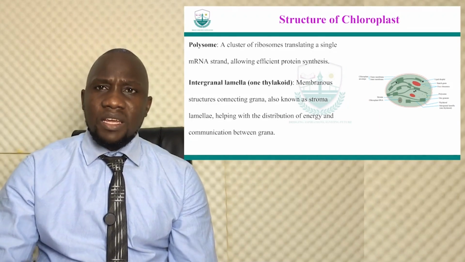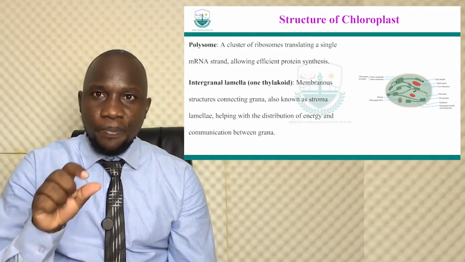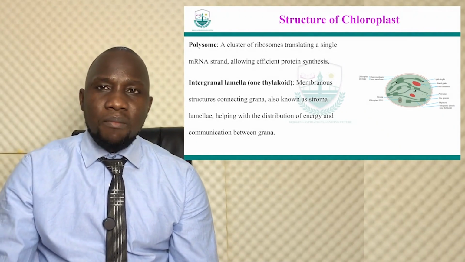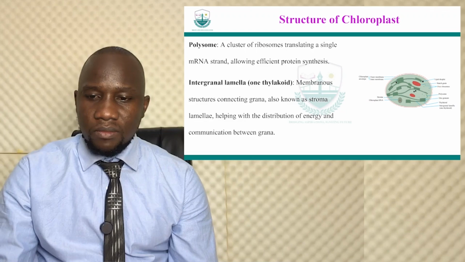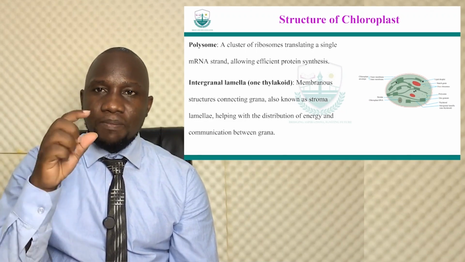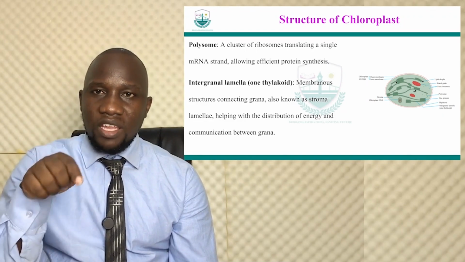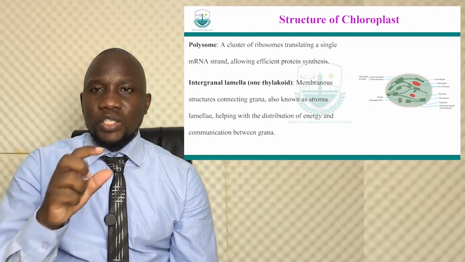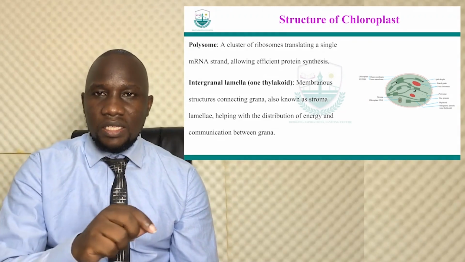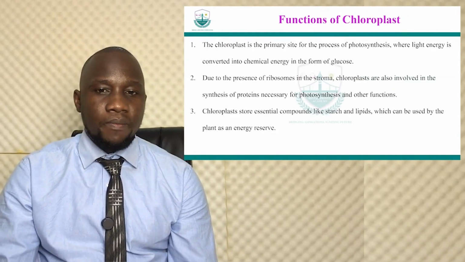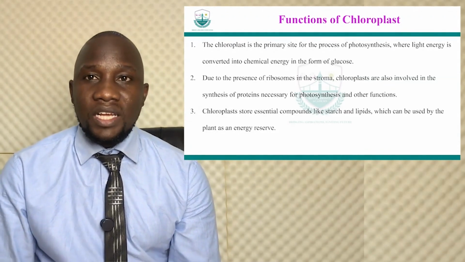Okay, intergranular lamella, connecting one thylakoid to another thylakoid. Remember, we have the thylakoids being in groups or in piles. Okay, so one granum is connected to another granum through the intergranular lamella.